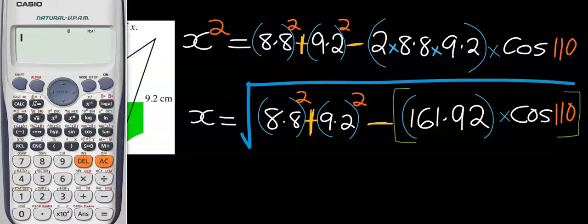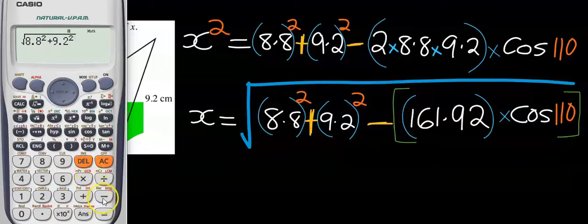Next, we're going to simplify this further. To simplify this, let's pull up our calculator. The first thing is we're going to press the square root. Next, we're going to have 8.8 squared. Next, a plus, then 9.2 squared. Next, we're going to include the minus.